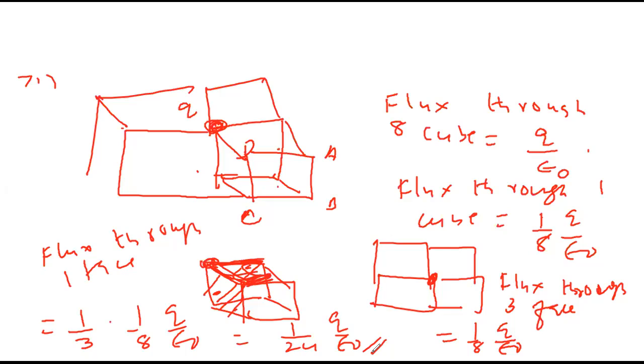So option D. First it was inside 8 cubes, so for 8 cubes we got 1 cube, but the charge is outside at one corner. This is flux passing through 3 faces, one cube means 3 faces. But we want 1 face, therefore 1/3 times 1/8 Q by epsilon naught, which is 1/24 Q upon epsilon naught.